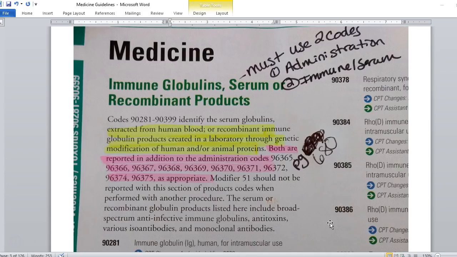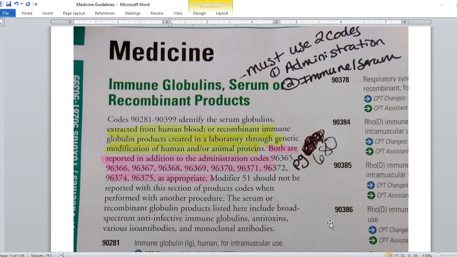Both are reported in addition to the administration code that they list afterwards. It's also important to note modifier 51 should not be reported with this section of product codes when performed with another procedure.